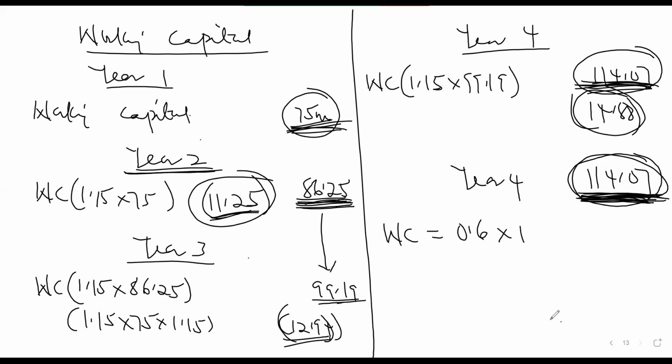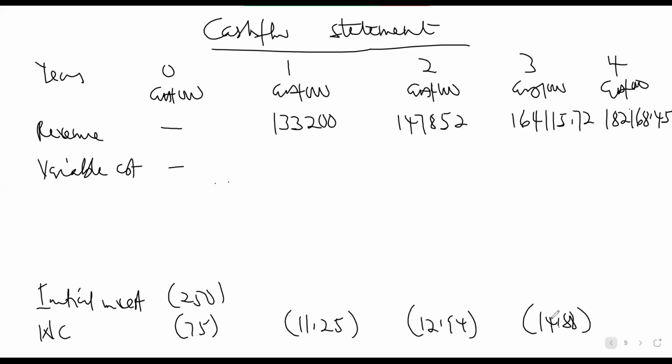So let's look at 60% of that. 0.6 times 114.07. I'm having 68.442. So you count to here, this will be 68.442.